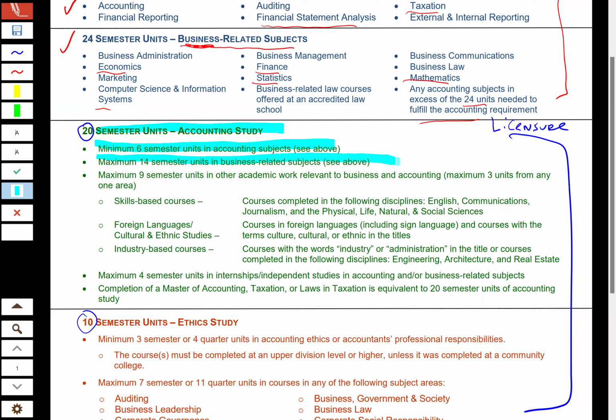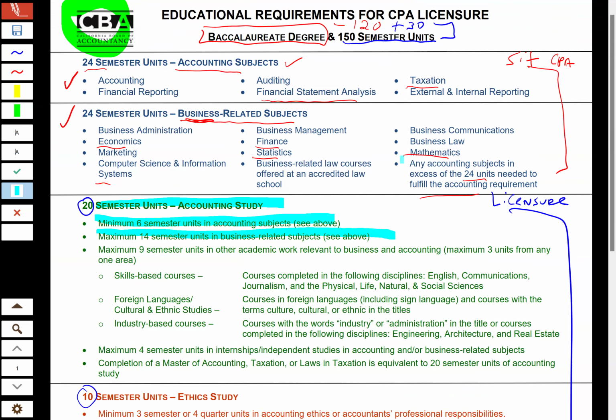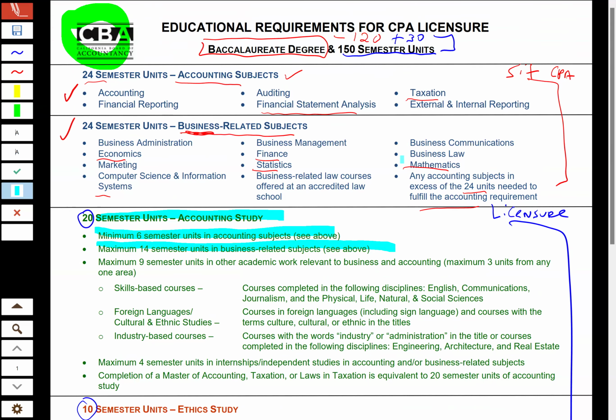So if you look at the big picture here, what you really need are 30 units of accounting, the 24 plus the 6, and 38 units of business, the 24 plus the 14, in order to be able to get the license ultimately.